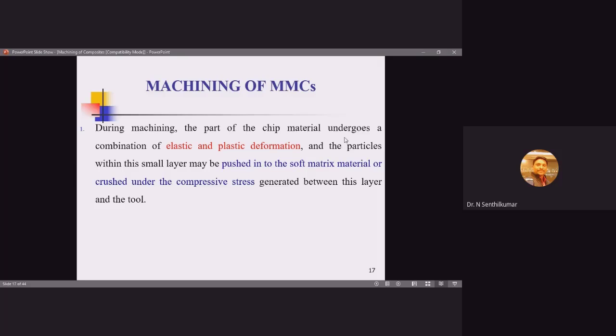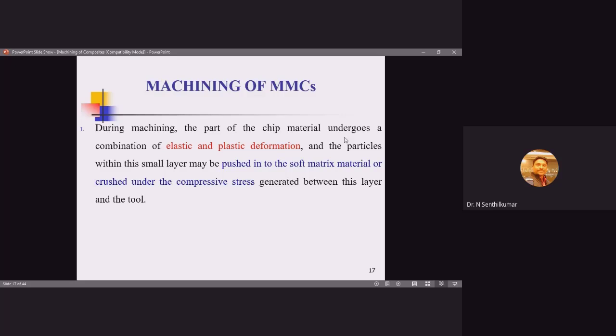During machining of composites, the material undergoes both elastic as well as plastic deformation. Initially it will be elastic. With further stresses, it converts into plastic deformation and finally it will be removed as a strip because of fracture.